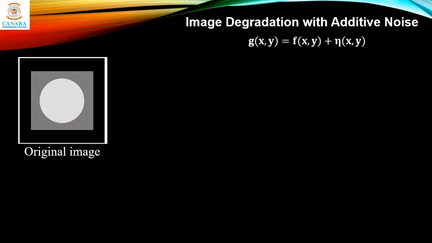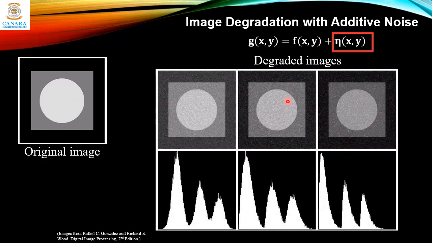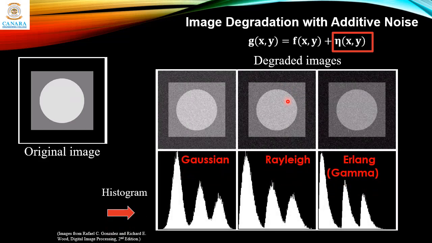We have the original image, and this is the output image after you add the noise. So we are adding the noise, and then we get the degraded images. When we apply different types of noise, like Gaussian, Rayleigh, and Erlang, look at the histogram. The original histogram was quite straightforward, only 3 lines were there.